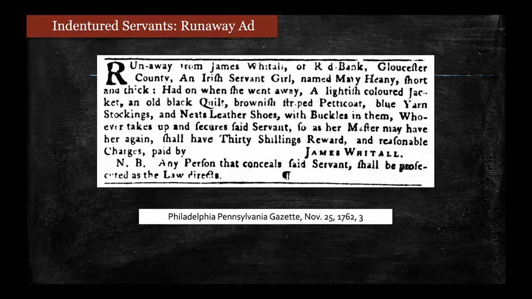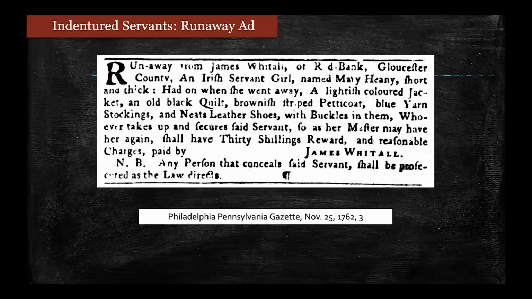Whoever takes up and secures the said servant, so as her master may have her again, and you can read into that what I'm reading into that, so her master may have her again, shall have 30 shillings reward, and reasonable charges paid by James Whitall.